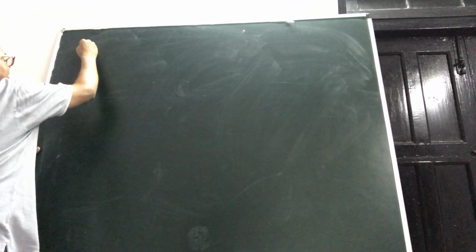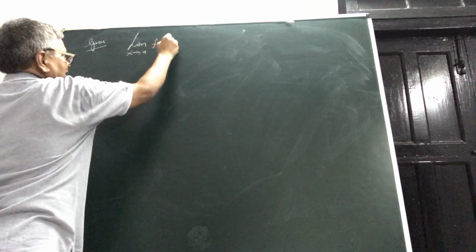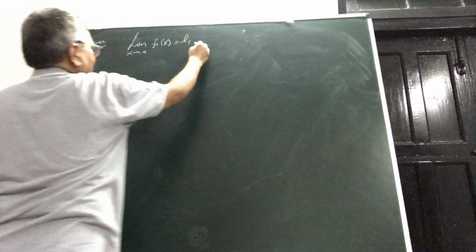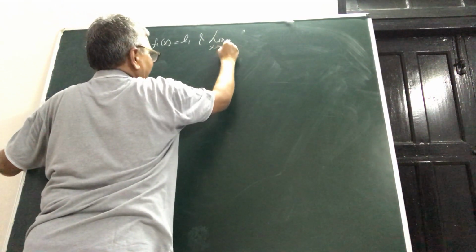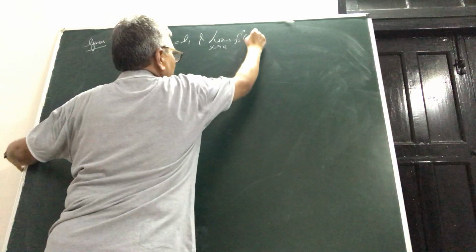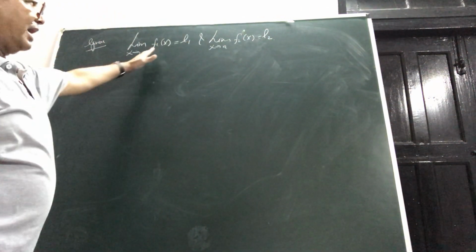I can take it up quickly here. Same thing: given that the individual limits exist, limit x tending to a of f1(x) is equal to L1, and limit x tending to a of f2(x) is equal to L2, you have to prove the result for the quotient.